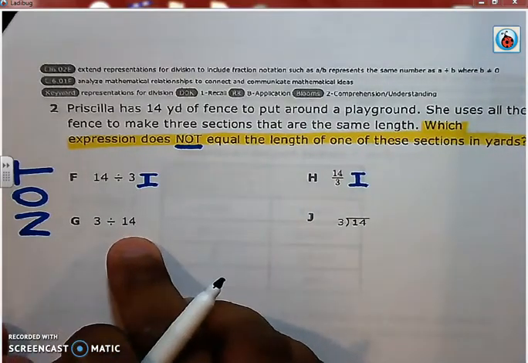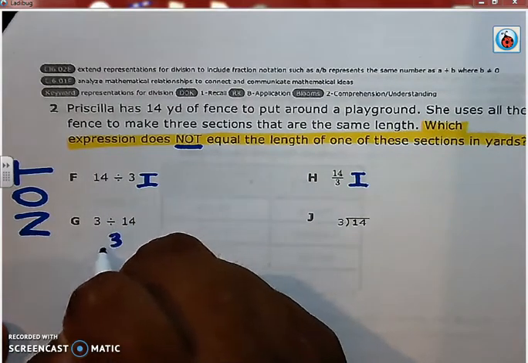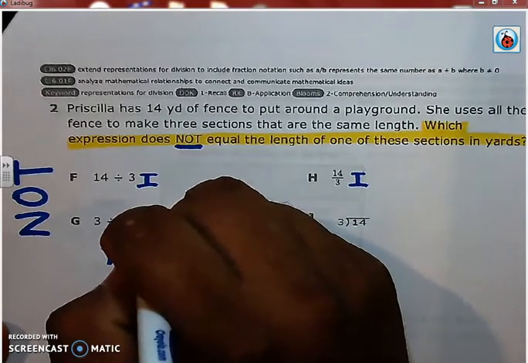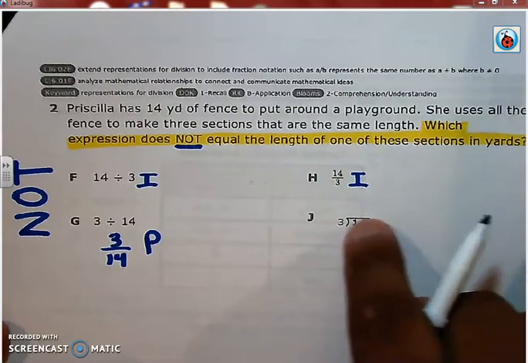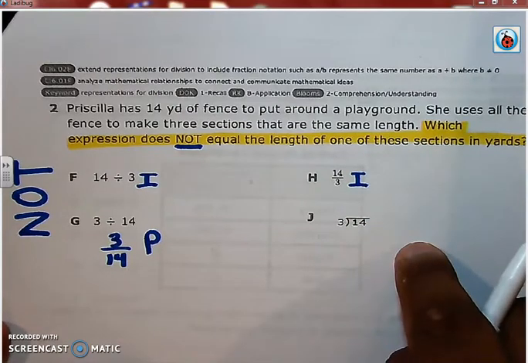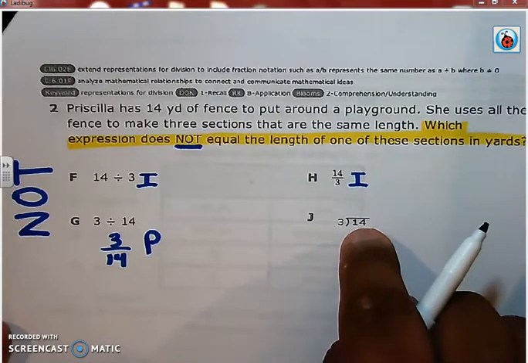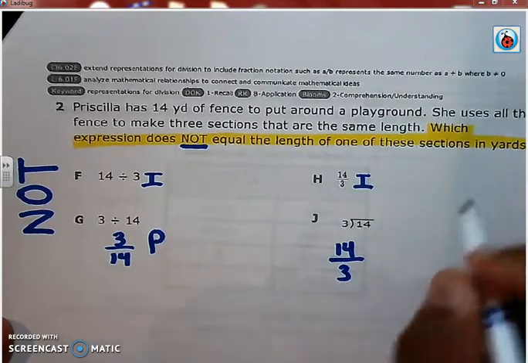3 divided by 14, that's going to look like this. 3 over 14. That is a proper fraction. And over here, what you say first goes in the house. So what's in the house is a 14, which means that's what I said first. 14 over 3.